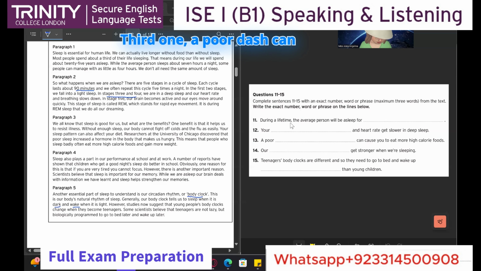Third one, a poor dash can cause you to eat more high calorie foods. Fourth one, our dash gets stronger when we are sleeping. 15, teenagers' body clocks are different and so they need to go to bed and wake up dash than young children.